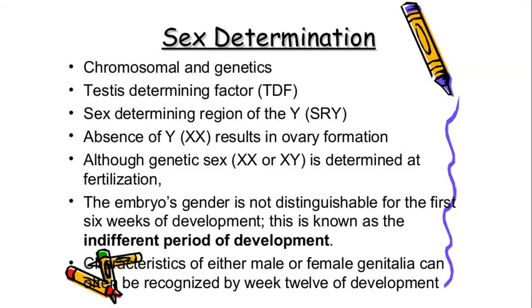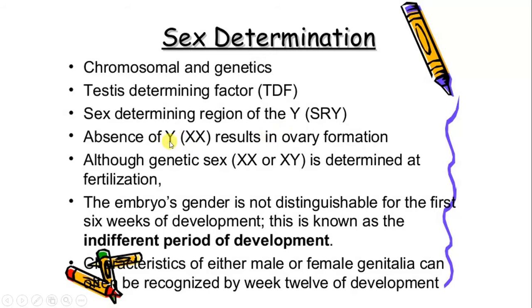Now, sex determination, whether male or female, is chromosomal and genetic. There is a testis determining factor, TDF. The sex determining region of the Y chromosome has a gene which is called the SRY gene.